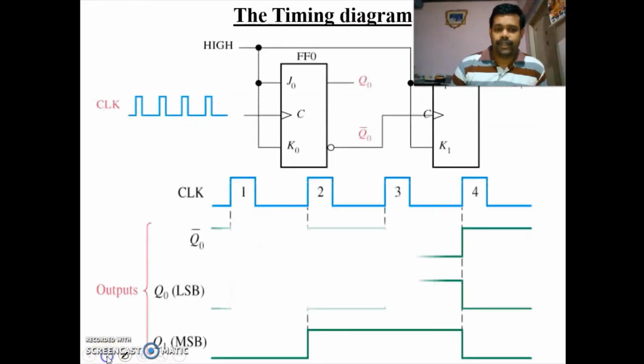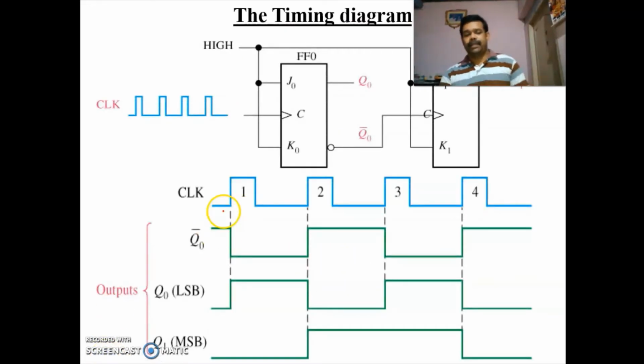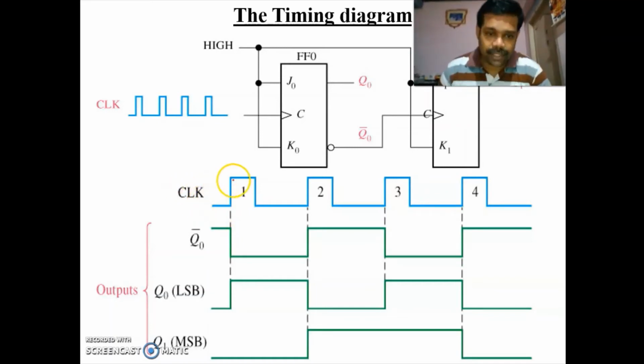So this is a timing diagram. So this is your clock. First positive edge, second positive edge, third positive edge, and fourth positive edge. So this is Q naught bar.